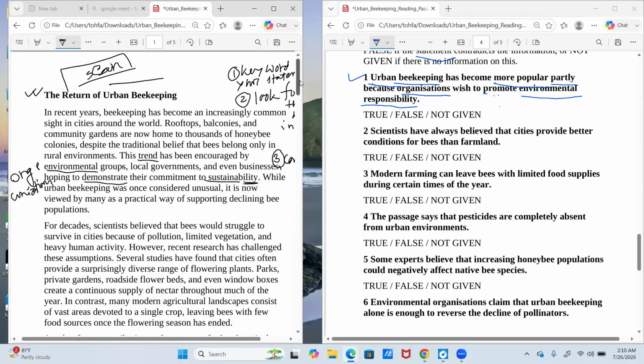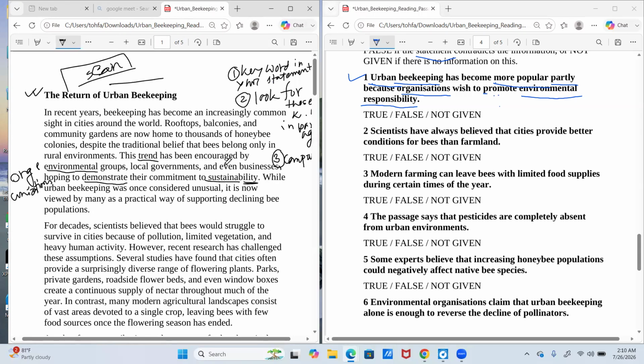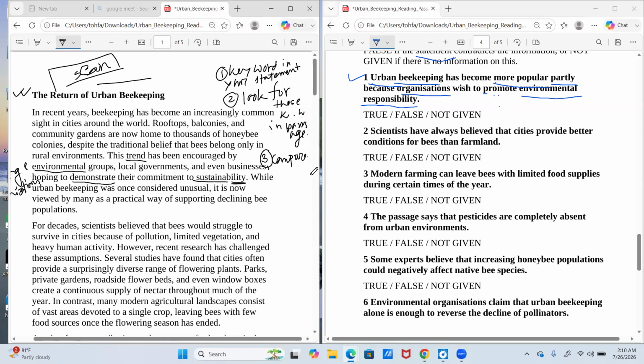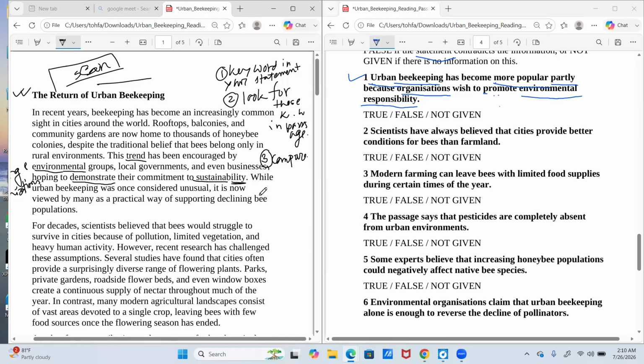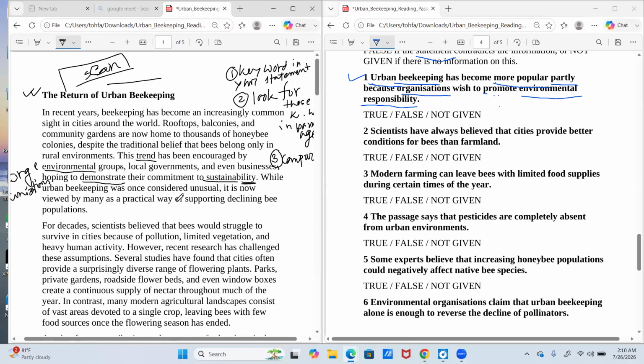So let's see what they say. Okay, so these organizations are hoping to demonstrate their commitment to sustainability, which is a kind of environmental responsibility, as this has been a trend, or it's encouraged.